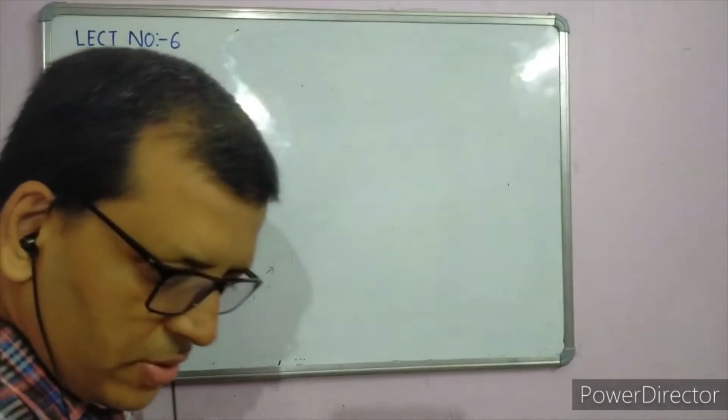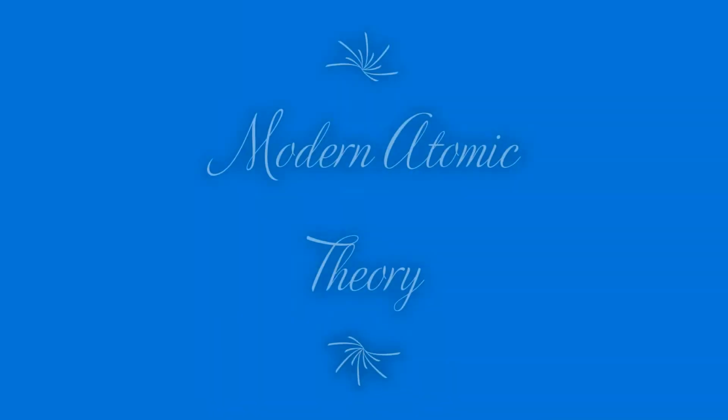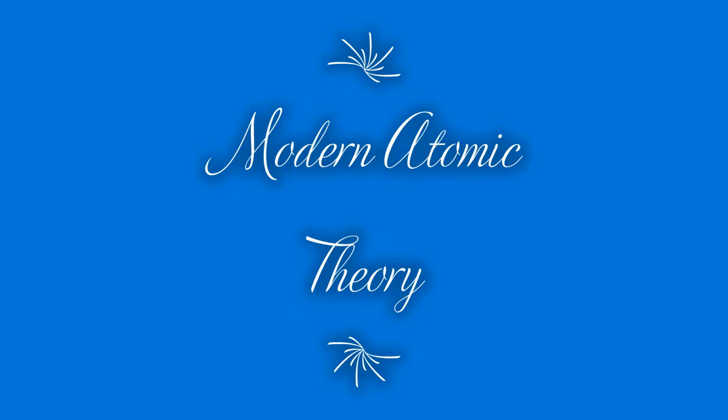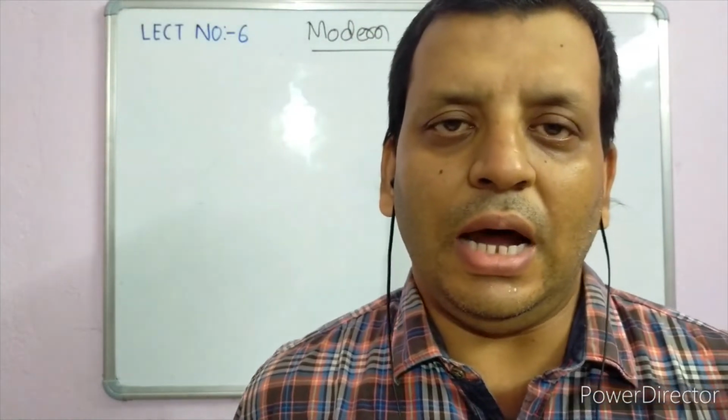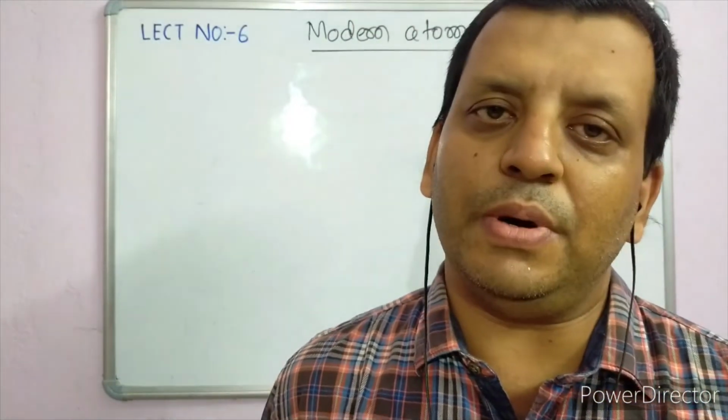Our modern atomic theory, my dear friends, so let's study what this modern atomic theory is all about. We all know that the exploration by scientists, their hard work to discover what an atom is, is not new.